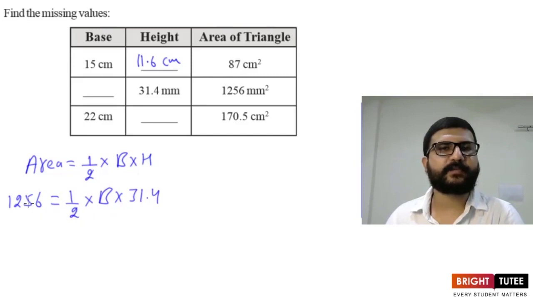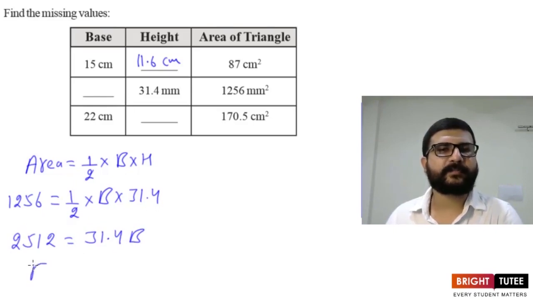Now let's transpose this 1 upon 2, or we can transpose simply this 2 here. So it will be like this, 1256 into 2 and that will be 2512 is equal to 31.4 b.